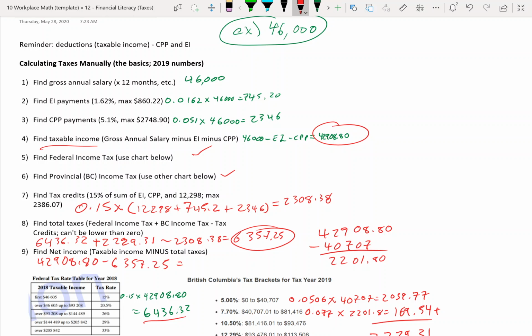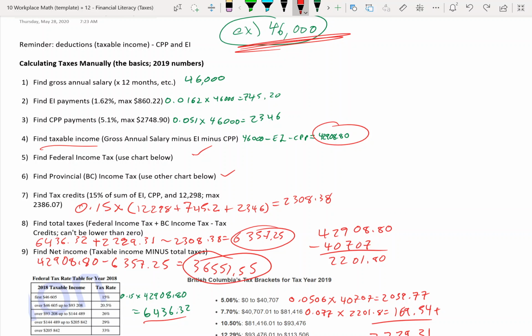So the grand total was 36551.55. So I want you to understand, we started with $46,000, but we actually only got $36,000. We paid about $10,000 in taxes.